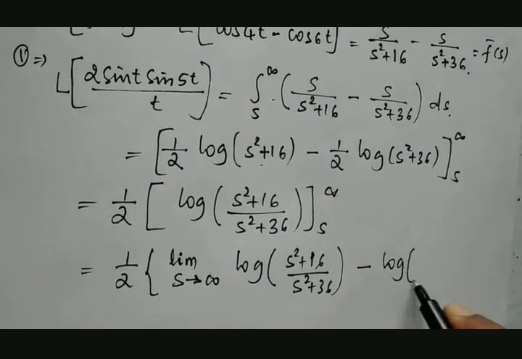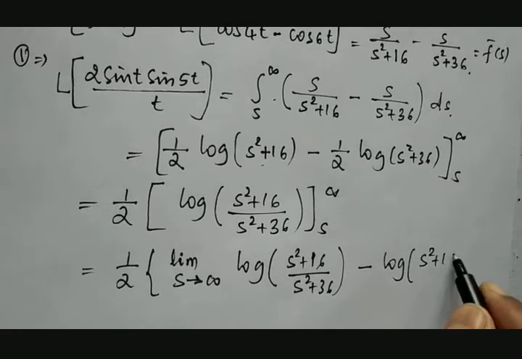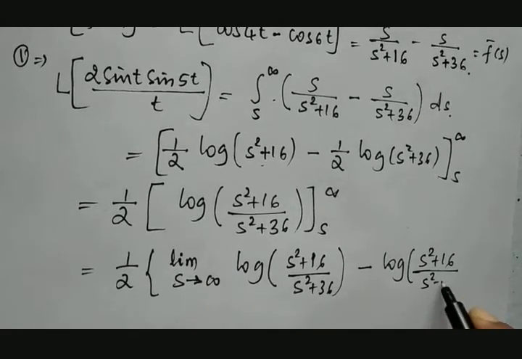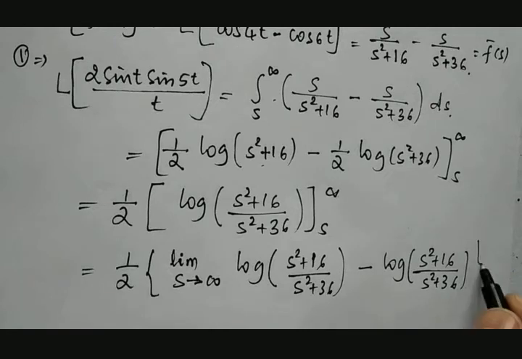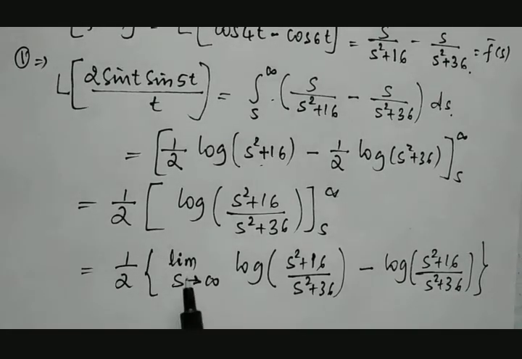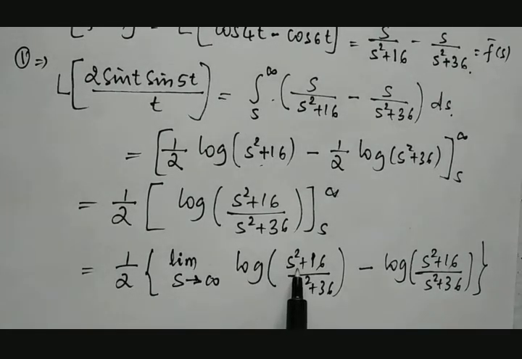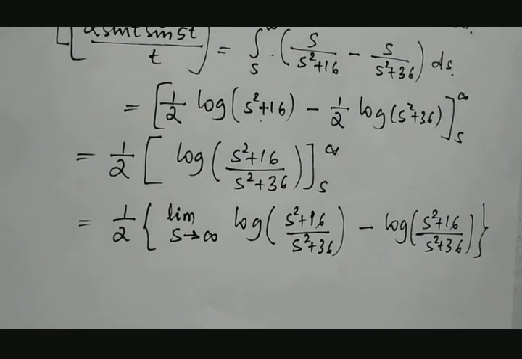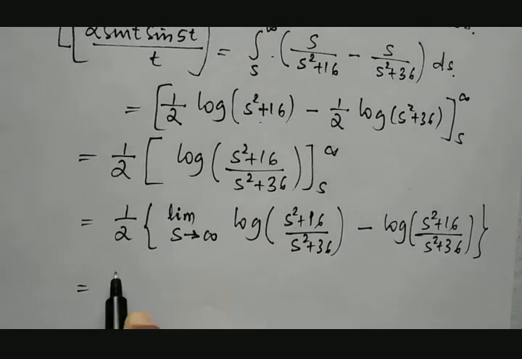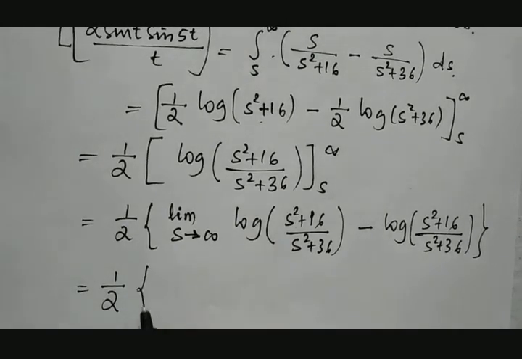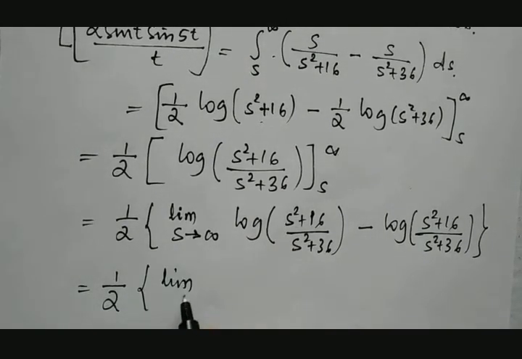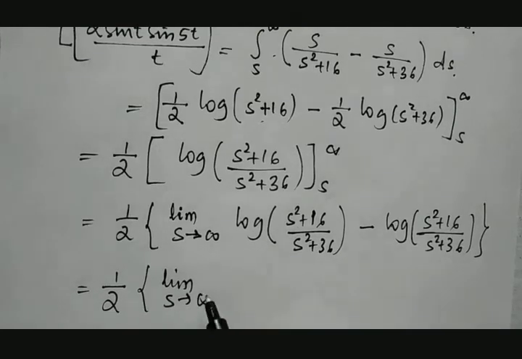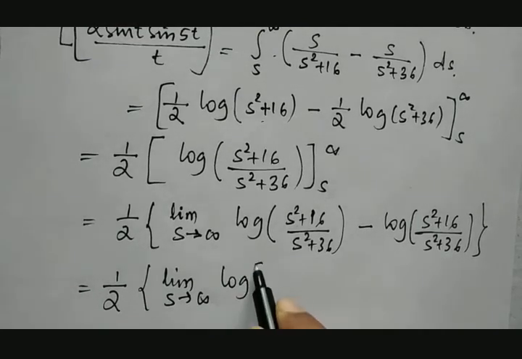So that is log of s square plus 16 divided by s square plus 36. Okay, so the limit is applied only for this one because there is a technical issue, and the second one is directly replaced.